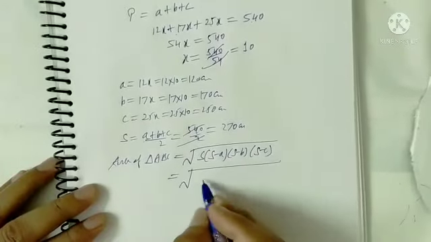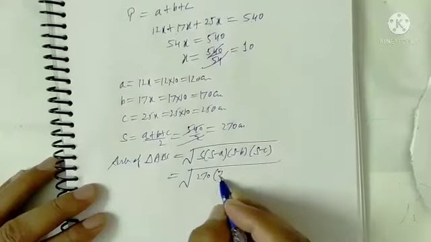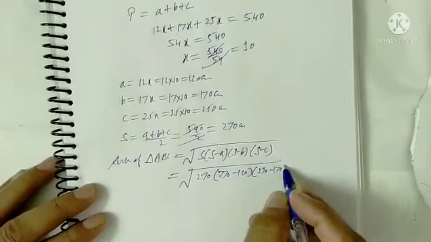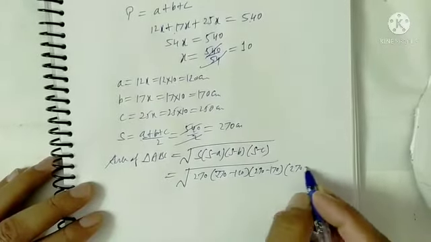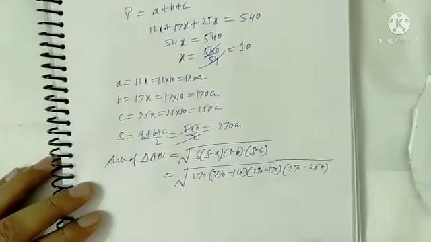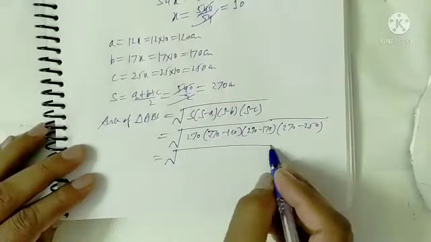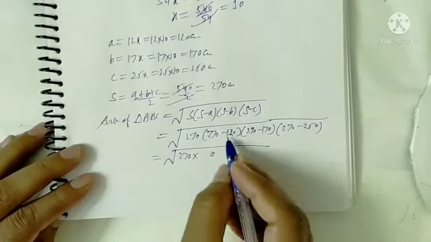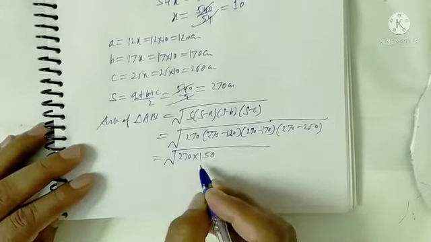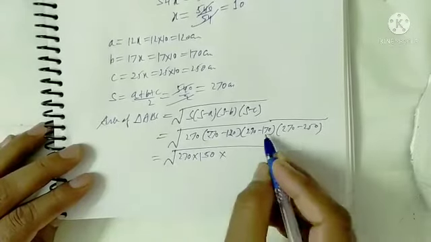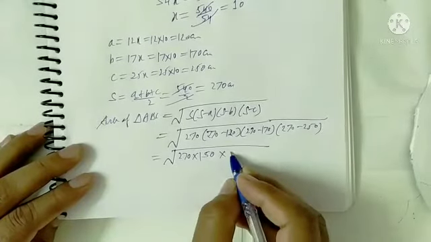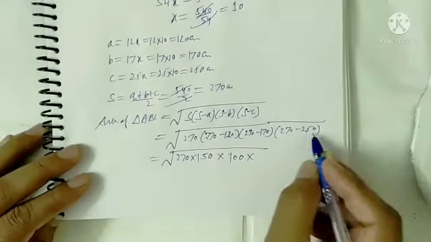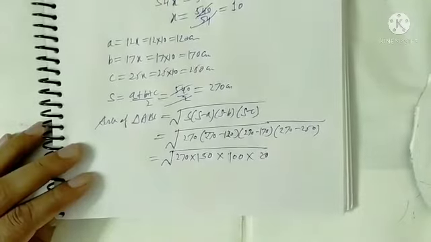Now write 270, 270 minus 120, 270 minus 170, and 270 minus 250. Now under root 270, multiply 270 minus 120 is 150. If you subtract, 270 minus 170 is 100, and 270 minus 250 is 20 only.